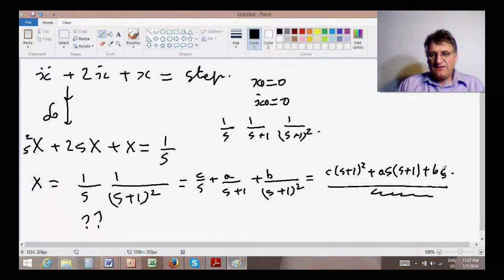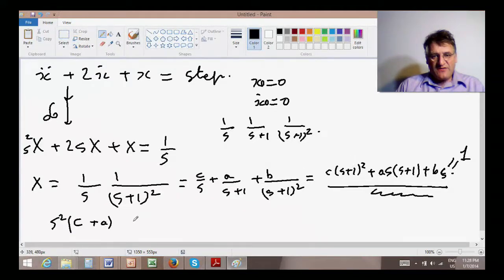So this top part must be equal to 1. So we equate the quantities like we've done before. Let's look at the terms in s squared in that big expression: s squared times (c plus a).